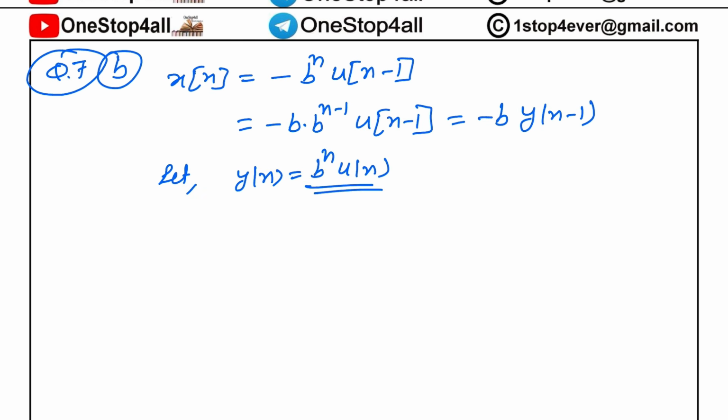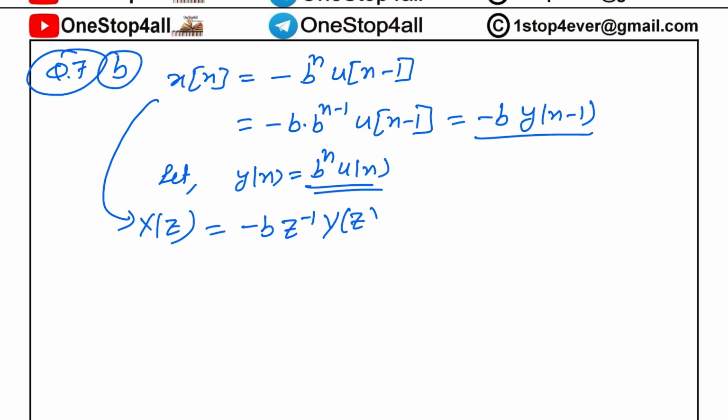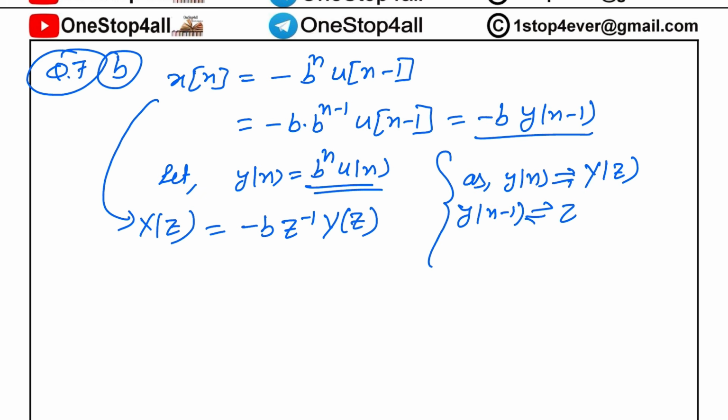Now, what will be x of z? We will take the z transform here. It will be simply minus b z inverse of y of z, correct. As if y of n has the z transform y of z, then y of n minus 1 will have the z transform z inverse of y of z.